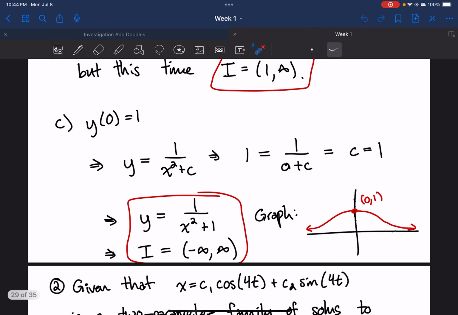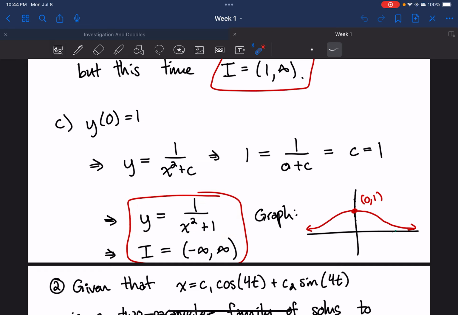And then if we try a different initial condition, say y of 0 equals 1, then plugging in x equals 0 and y equals 1 into this equation tells us that c should be positive 1. And in this case, we get the solution y equals 1/x² + 1.